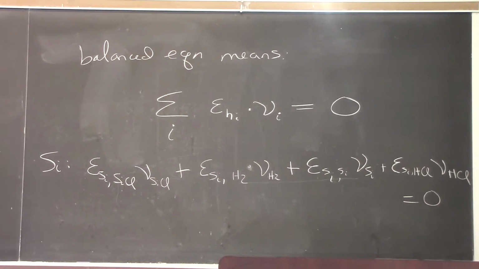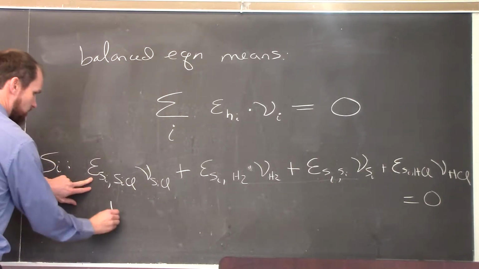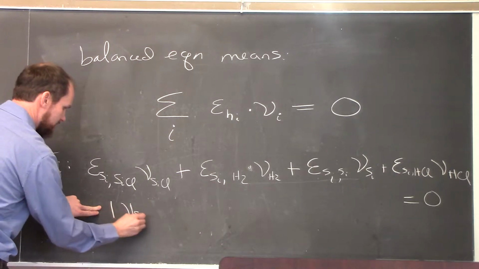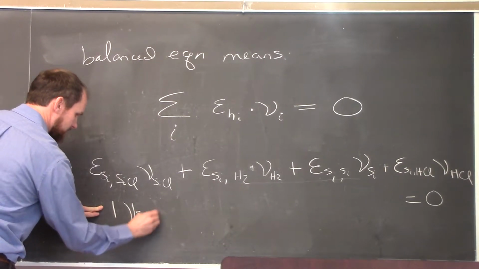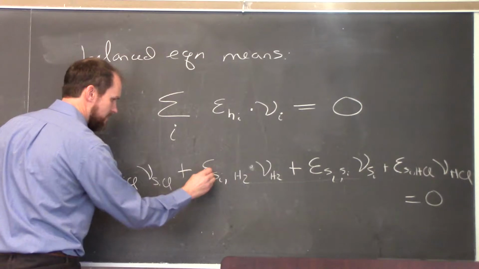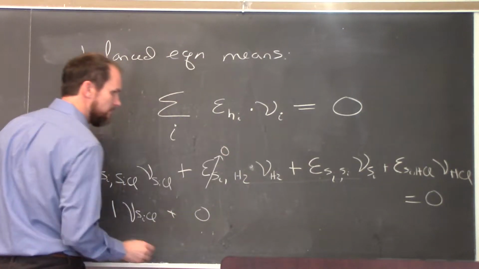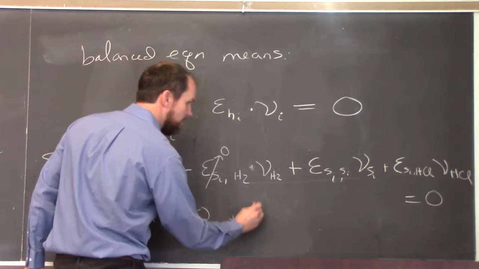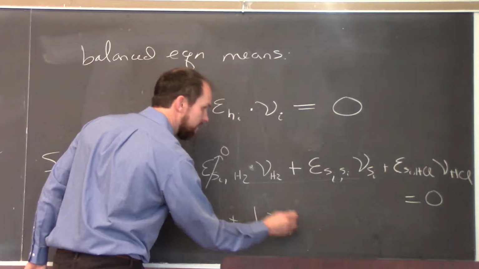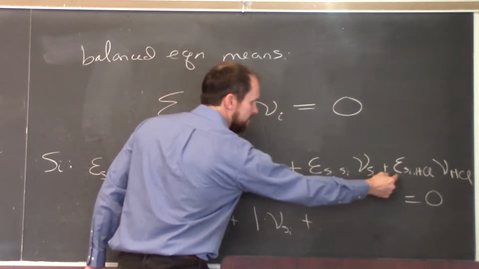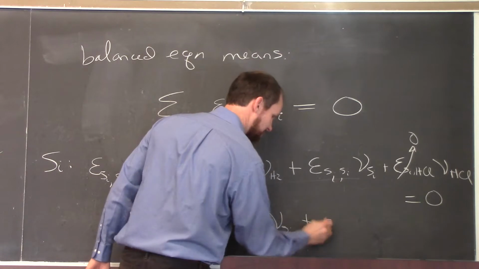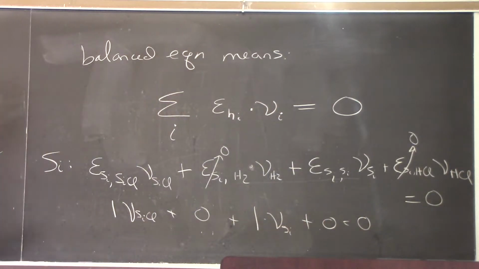Then you plug in numbers. Silicon in silicon tetrachloride, 1 times nu SiCl4, plus this one is 0, plus 1 times nu silicon, plus silicon in HCl, that one's also 0, equals 0.